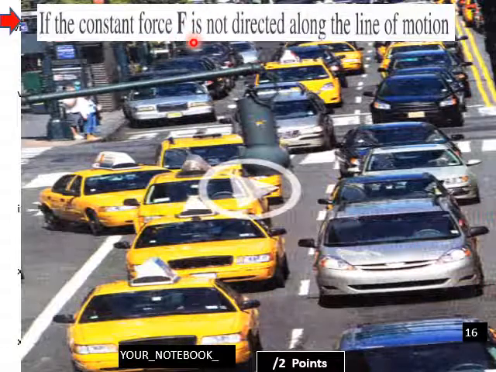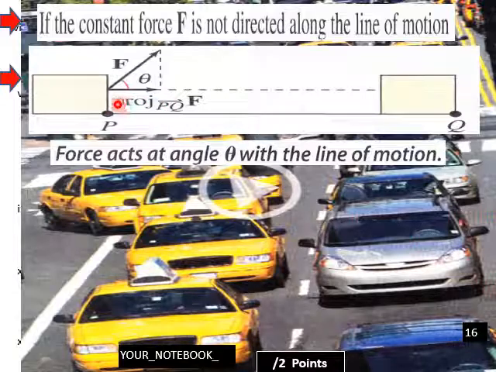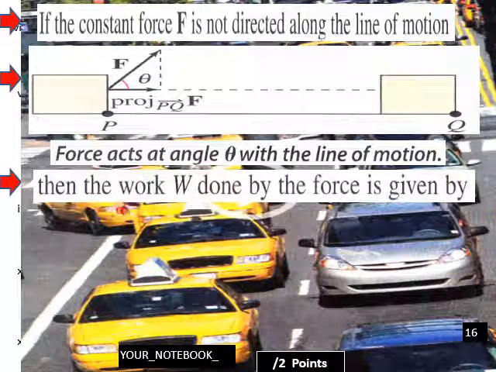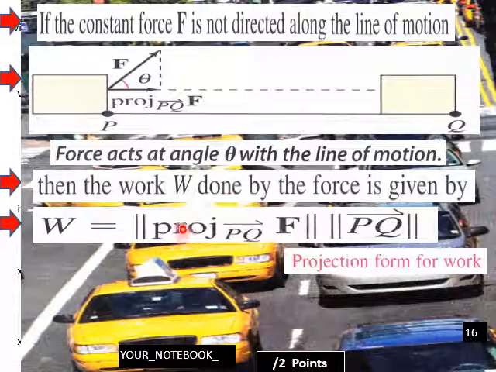If the constant force F is not directed along the line of motion, then the work W done by the force is given by W equals the projection of F on PQ. Here's PQ, then here is F, and the projection of F on PQ.